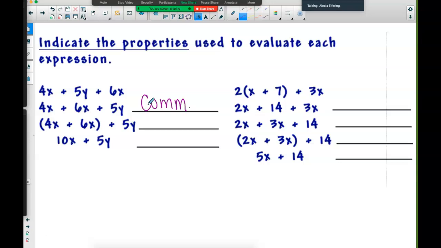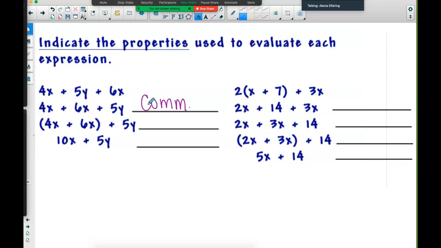Then when we combine like terms, we literally are grouping the x's together. So I want to group the 4x and the 6x. What property do I use for grouping? Associative property.